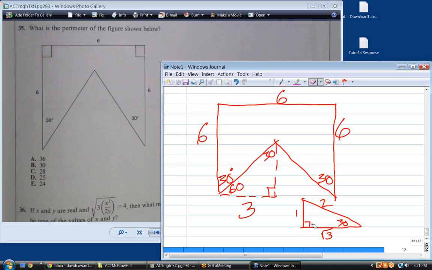A 30-60 triangle, isn't that long leg equals short leg times square root 3? I've drawn it right here. No, this is it right here. There's your unit one. So compare this one to this one down here to figure out what this one's hypotenuse is going to be. How are we going to compare them? What is the similarity ratio?